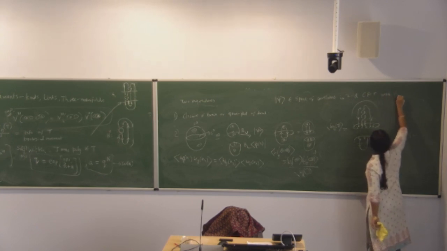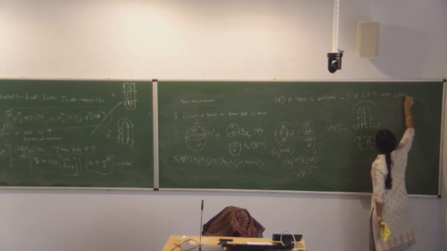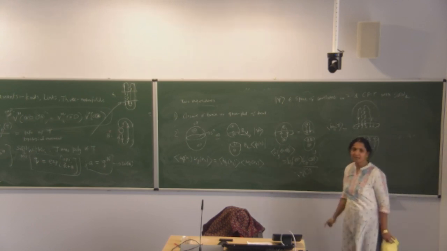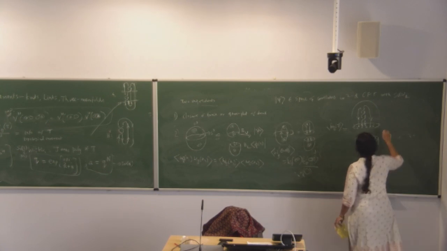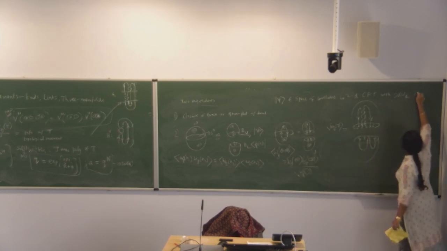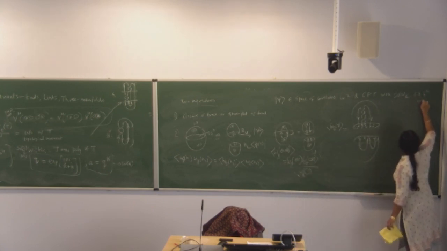So if you are doing SU2, then you have a current algebra symmetry, or an affine Lie algebra, which is SU(2)_K, on S2 with n punctures.